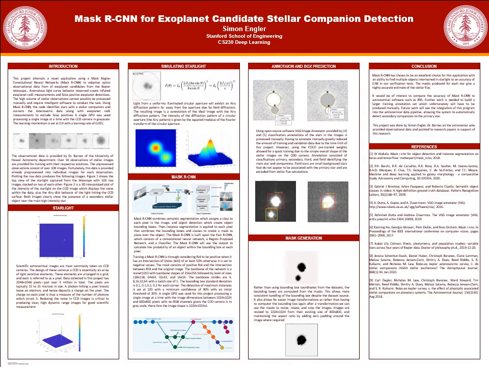We found that anomalous light curve behavior observed creates inflated exoplanet radii measurements and false positive exoplanet detections. The high volume of stellar observations cannot possibly be processed manually and requires intelligent software to conduct the task.